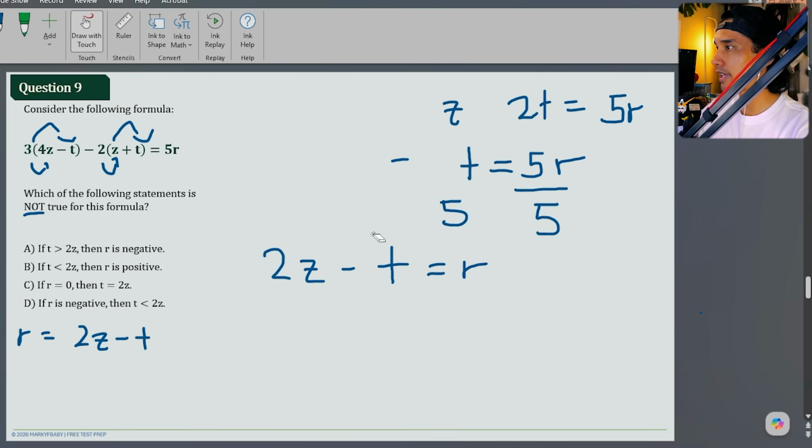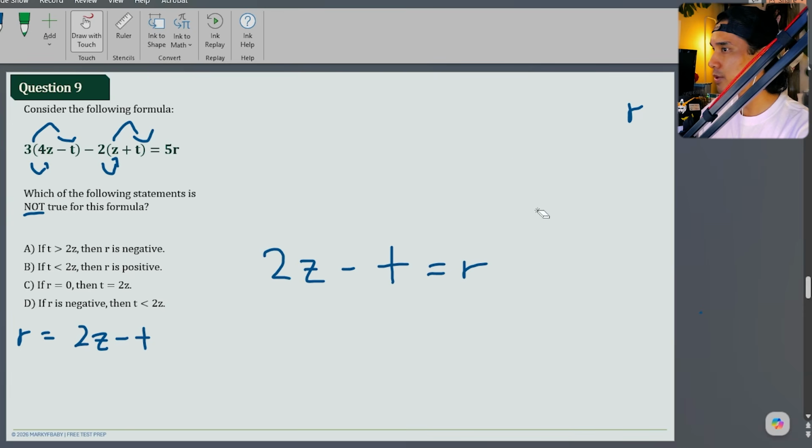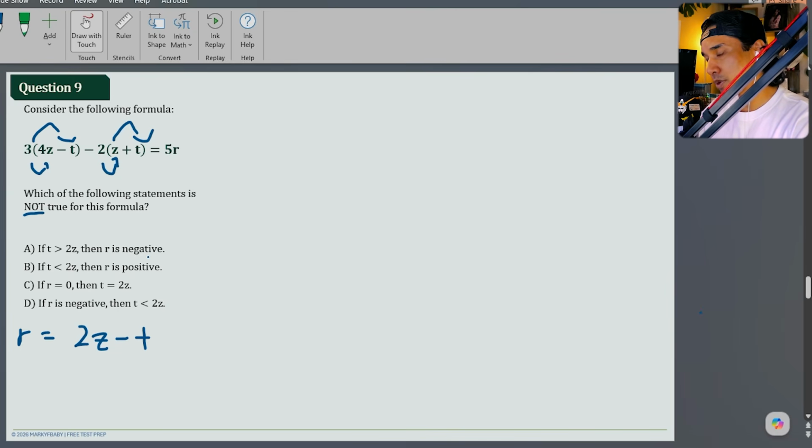Now, let's go ahead and test our answer choices here, okay? Notice we have 3 variables. And in this case, I am just going to test each statement here. We start with the first answer choice: t is greater than 2z, and then r is going to be negative, right?